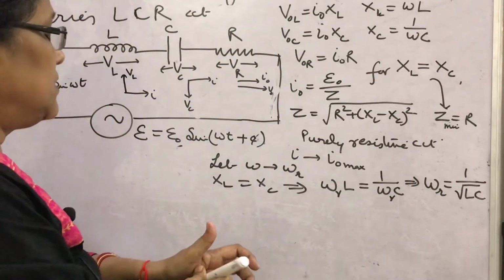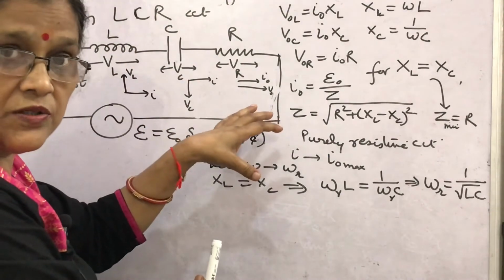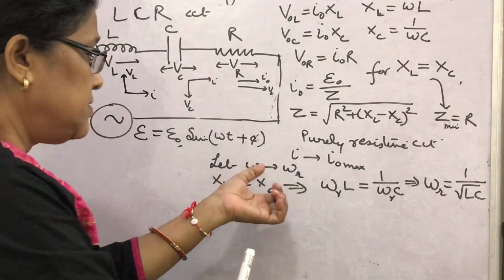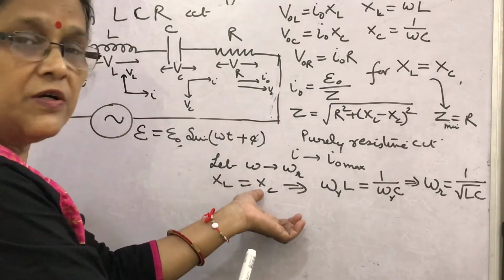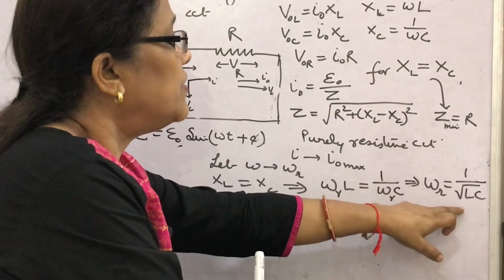So, when does a series LCR circuit become a resonant circuit? At the frequency at which XL becomes equal to XC, and that frequency is given by 1 upon under root LC.